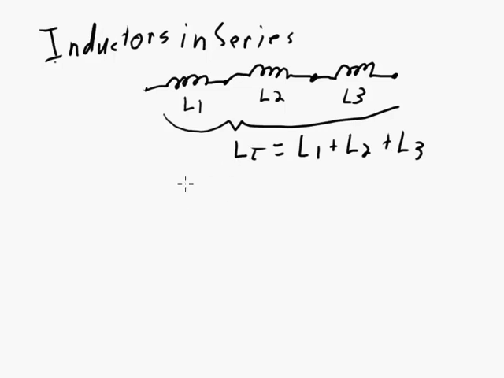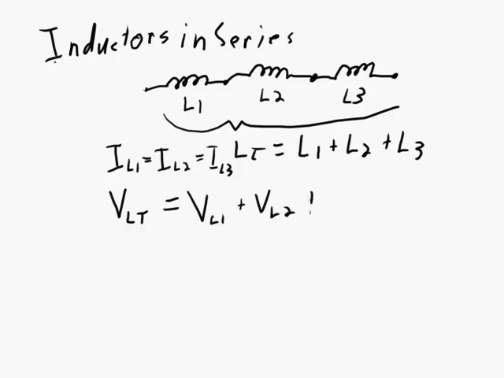And to give you a hint of how to derive that, I want you to keep in mind two things. These inductors are in series. So the current through L1 is going to be equal to the current through L2, equal to the current through L3. And the other thing that we can figure out because they're in series is if we were to measure the voltage across the whole thing, so the voltage between that point and that point, that's going to be equal to the voltage across L1 plus the voltage across L2 plus the voltage across L3.